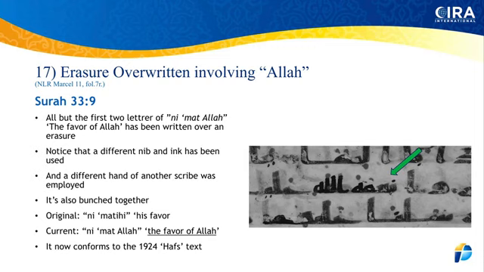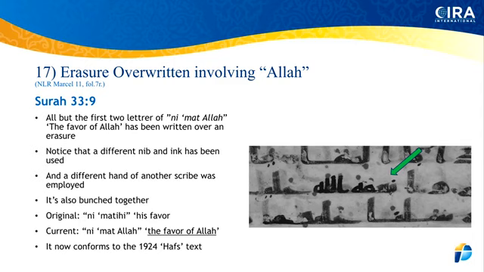Number 17. Here we're looking at the NLR, the National Library of Russia, the Marcel number 11, and we're looking at Surah 33, verse 9. And all but the first 2 letters of the Ni'mat Allah, the favor of Allah, have been written over an eraser.